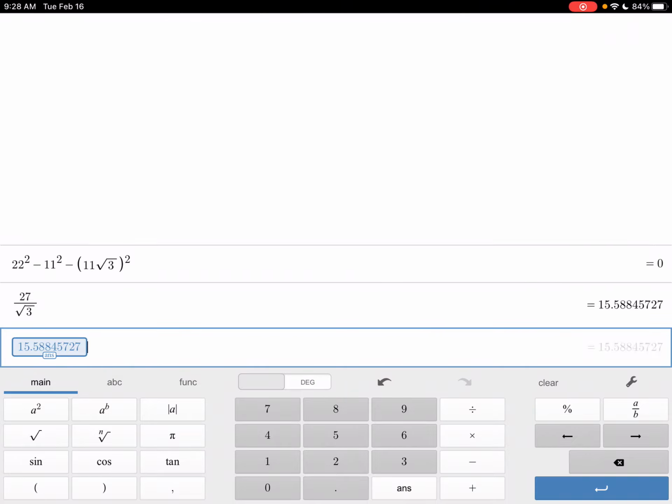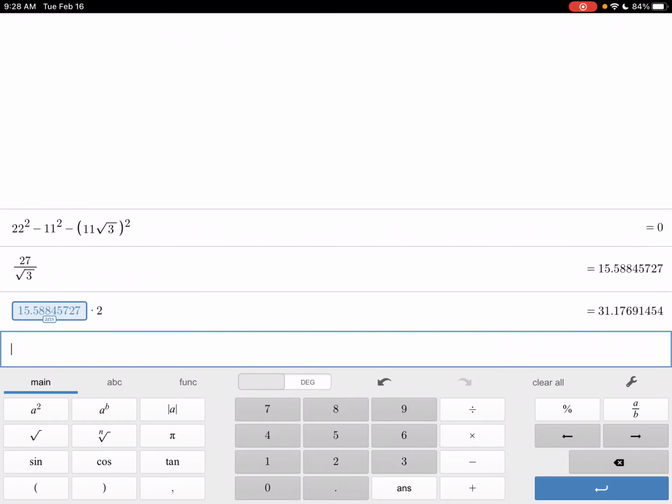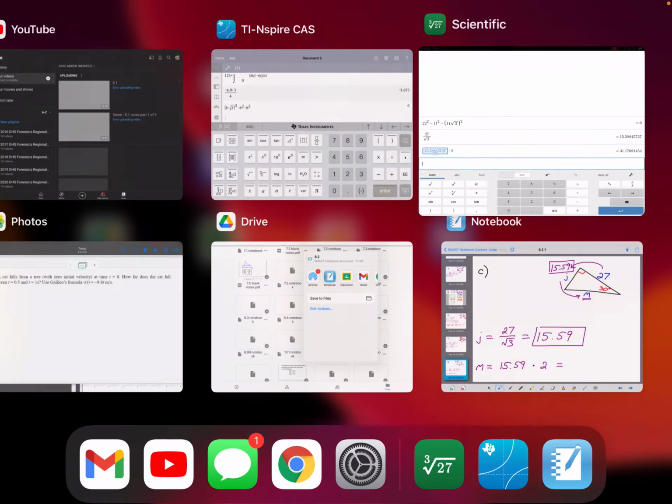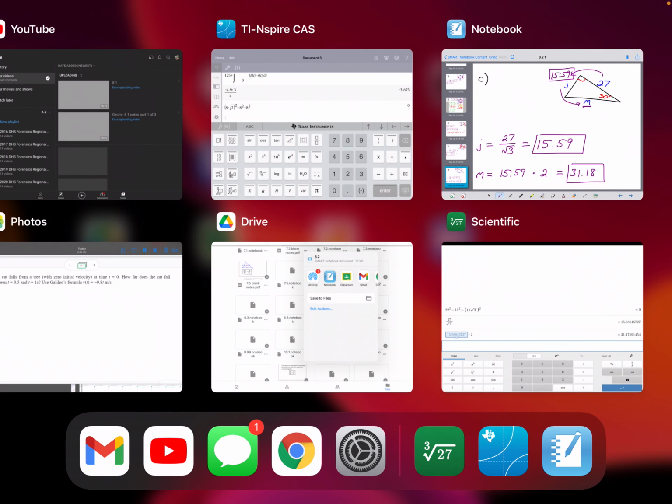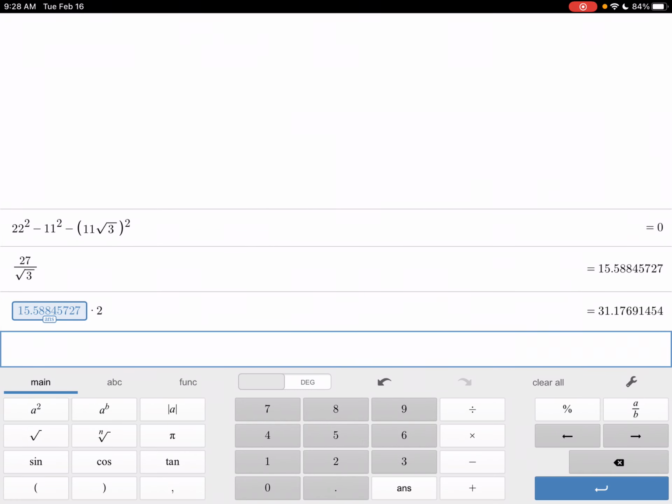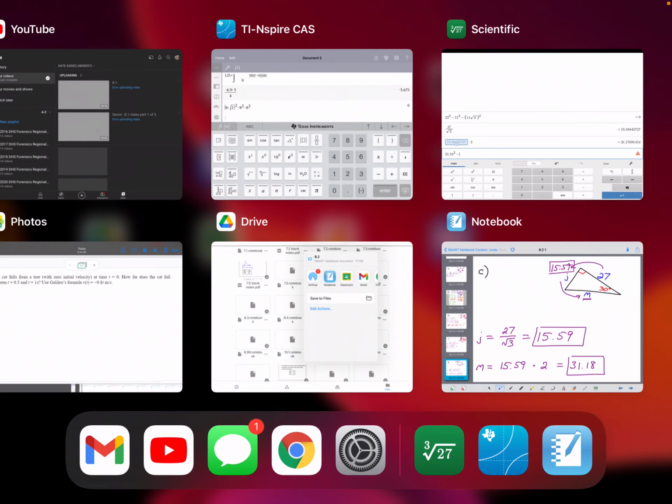So I've got to go here, answer times 2, and that gets us a hypotenuse here of 31.18. If we're going to write that one down, 31.18, and that is going to be the length of the hypotenuse. And I suppose if I wanted to check this, let me do this one more time. I know it's not going to work out perfectly, but let's try it, guys. 31.18 is my hypotenuse, squared, minus one of my legs, which I think was 27, right?